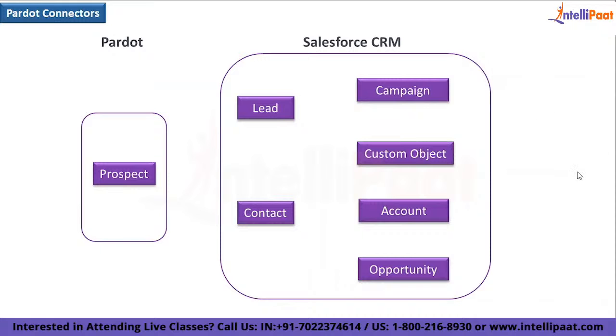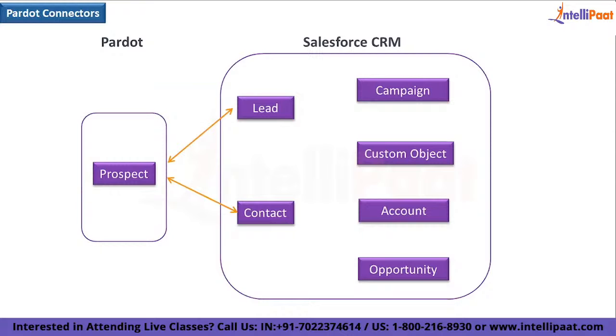Now, between the sync, there will be a bidirectional data sync between lead and contact objects on Salesforce CRM with prospects on Pardot. So only with these two objects. The point we need to keep in mind is it happens only with lead and contact object.